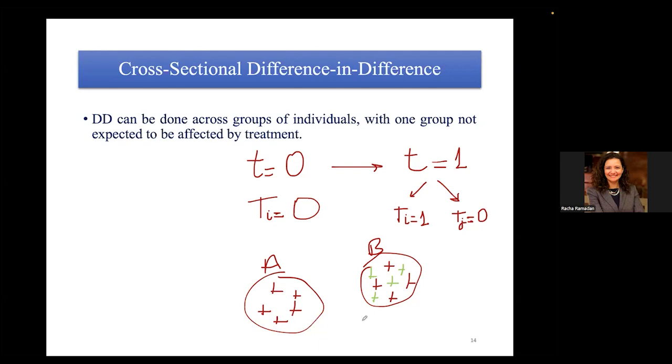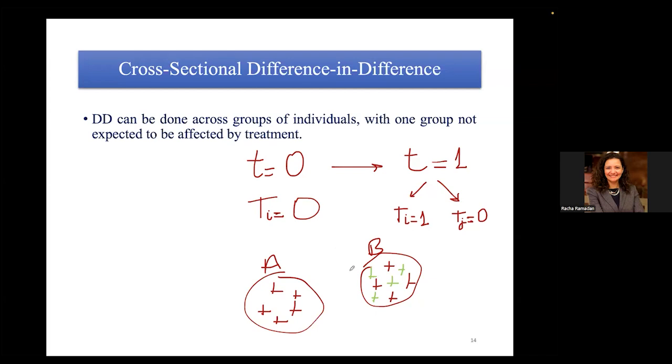So now you have your village A and village B, and within village B the government can select who will benefit from the program and who will not. But it's very difficult to make sure that there is no leakage, or that someone from city A will not come to city B to benefit.